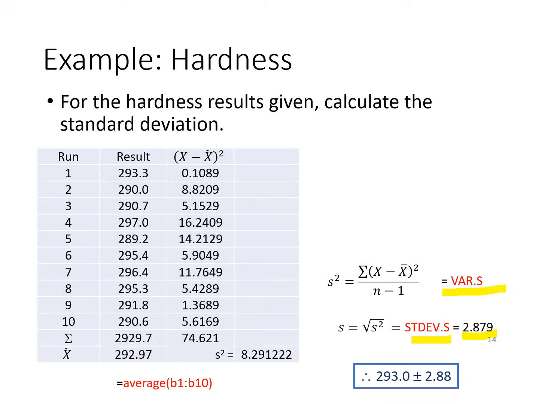So if we want to report this, then we report this as the mean, 293.0, plus or minus 2.88. Be careful of significant figures. Notice we had 4 significant figures at the start in our data. We want to make sure that when we're reporting this, we also report it with no more than 4 significant figures.